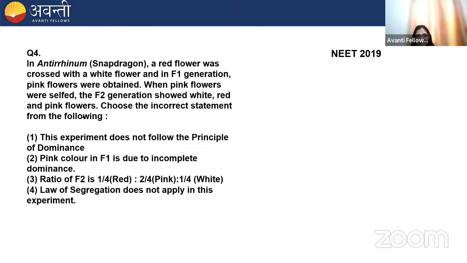Next question says, in snapdragon, a red flower was crossed with a white flower, and in the F1 generation, pink flowers were obtained. When the pink flower was selfed, the F2 generation showed white, red, and pink flowers. Choose the incorrect statement from the following. First, there's a red flower crossed with white. This will produce a gamete.